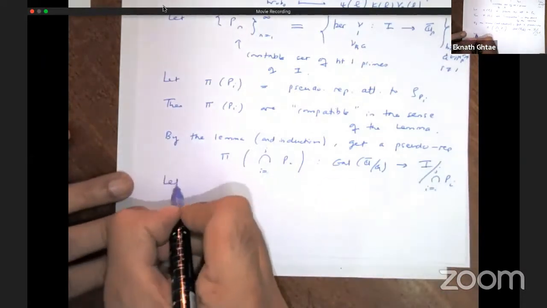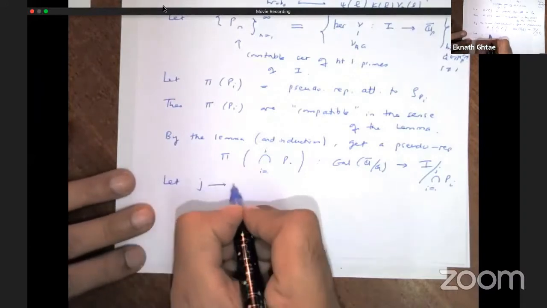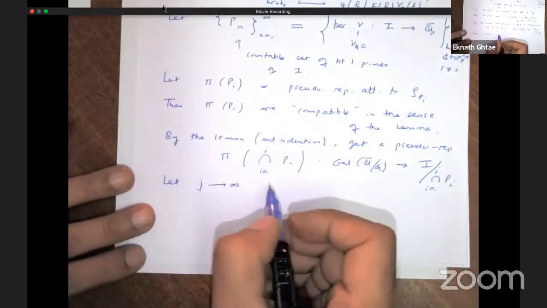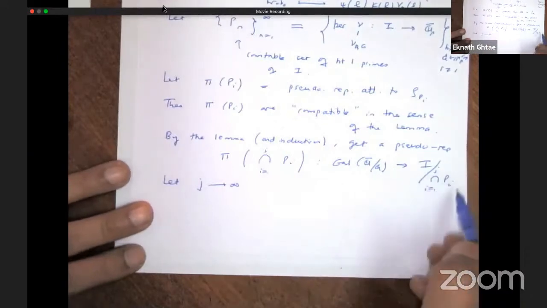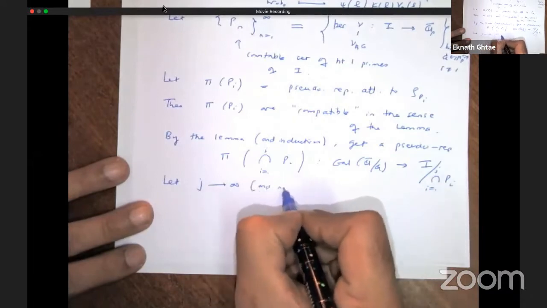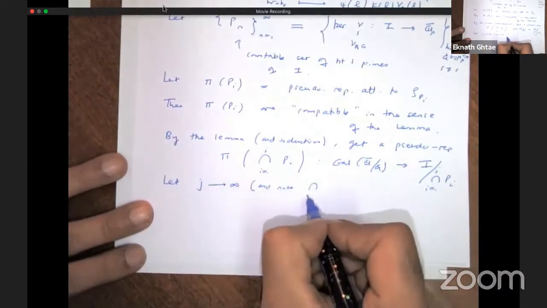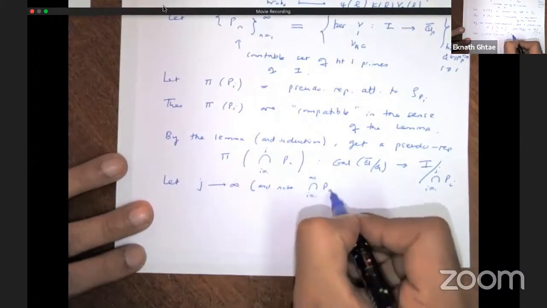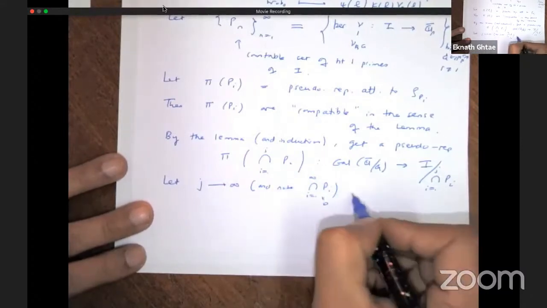Okay, so as I said, I'll go a bit fast now since I'm running out of time. You let J go to infinity, and note that the intersection of countably many height 1 primes is 0. And note the intersection over i equals 1 to infinity of P_i equals 0.